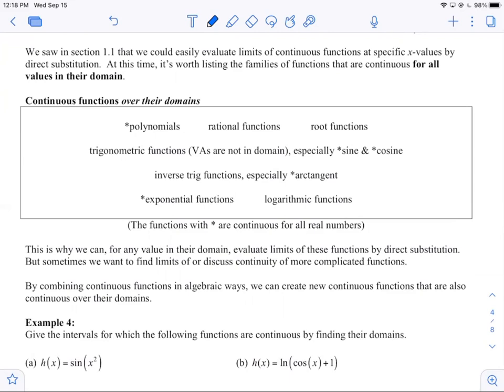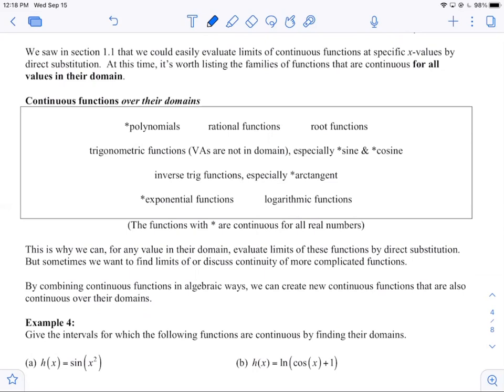So any interval that spans a domain is going to be continuous, okay? Now, the ones with the asterisks are continuous for all real numbers. So pick any two values on those, and it's going to be continuous on the closed interval. The others maybe not so much on the closed interval, but continuous on their domains.